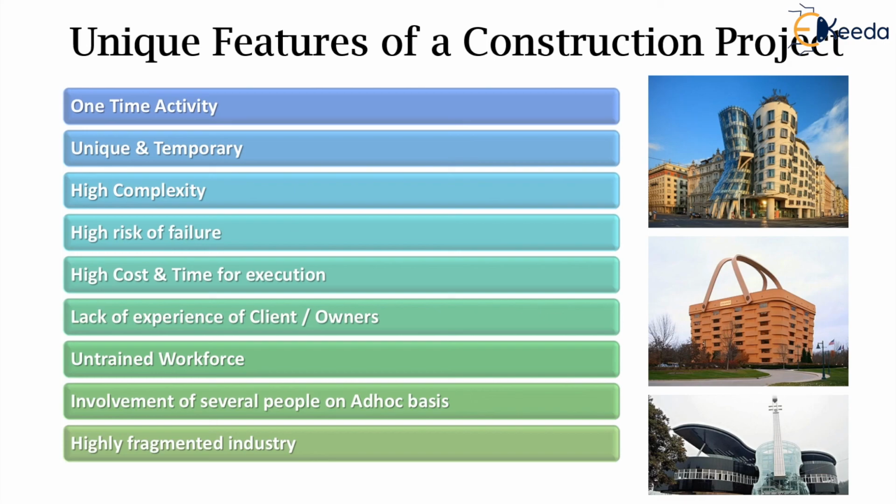A project is said to be unique because every project is different in some way or the other. Consider the construction of a 20-storied building in Mumbai and another 20-storied building in Delhi with the same floor plan. Will the two projects be the same?